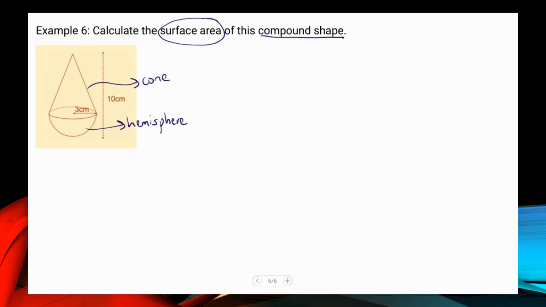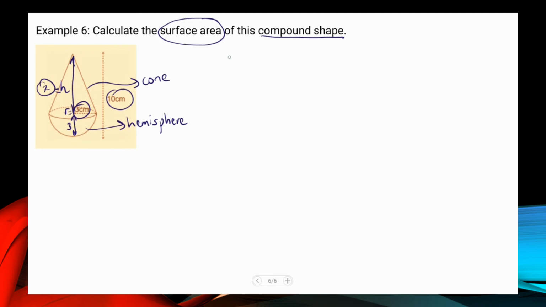We know the radius, and this is 3. This is the total height, and because we know the radius of the hemisphere, the rest of this distance is the height of the cone, and it is 7. 10 minus 3 will give us 7.